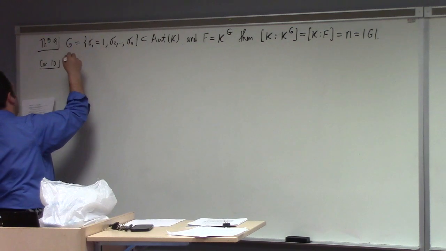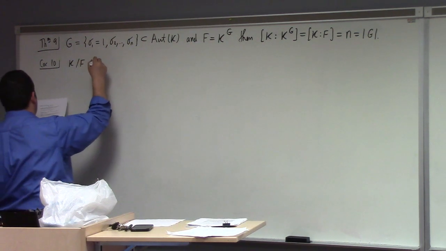Corollary 10 says the following. It says K over F, a finite extension.